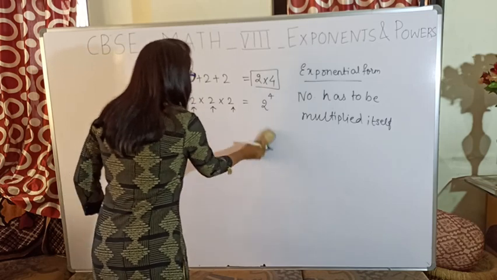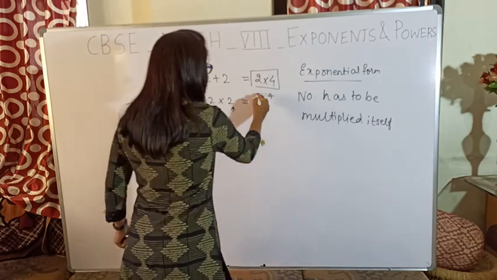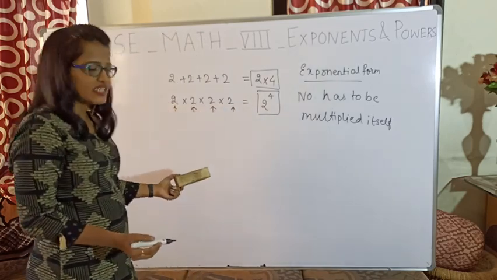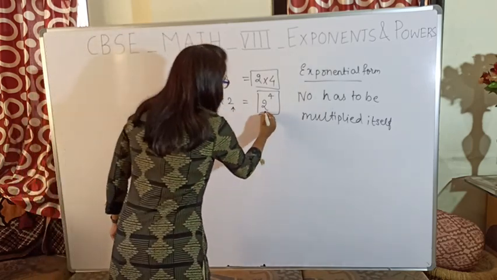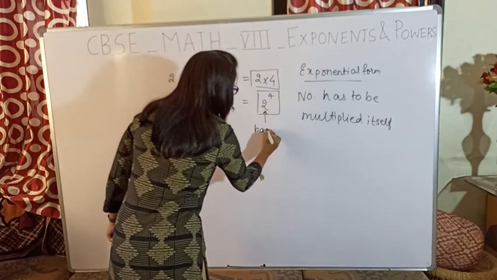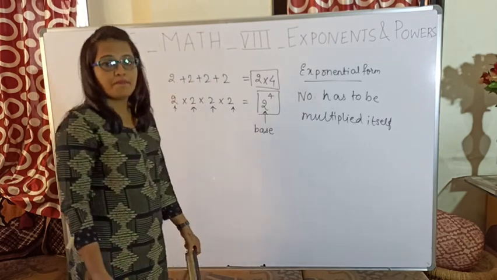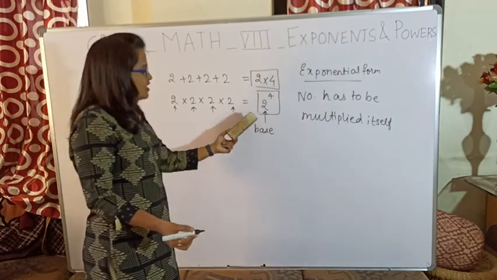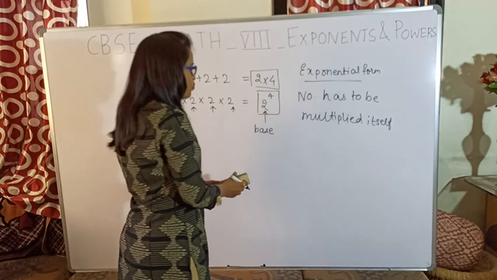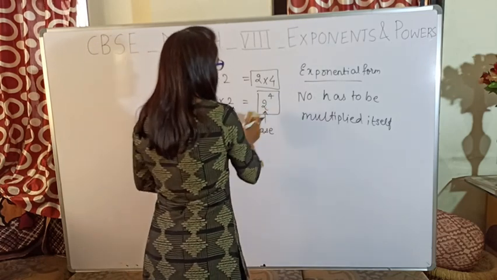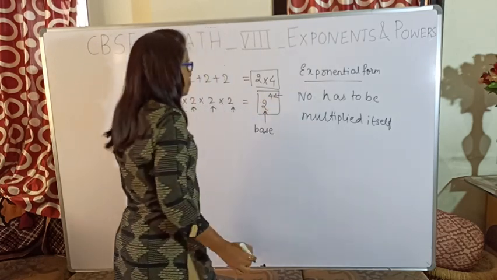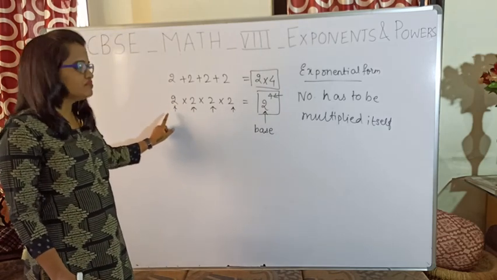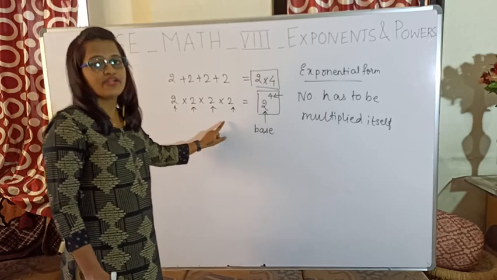Now the next thing, what is the way of writing this? The number which is being multiplied with itself comes to the bottom, and this is called the base of the number. The number which you are multiplying with itself comes at the bottom, called the base, whereas the number which you write at the top is equal to the number of times the number is being multiplied to itself.